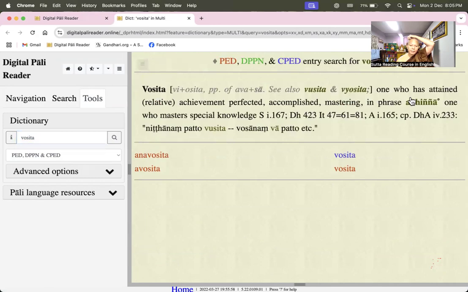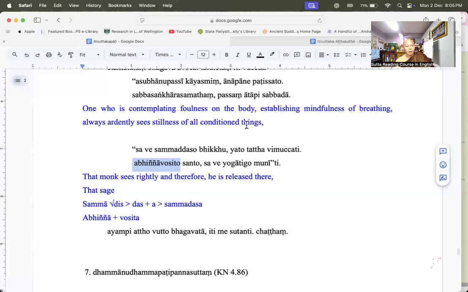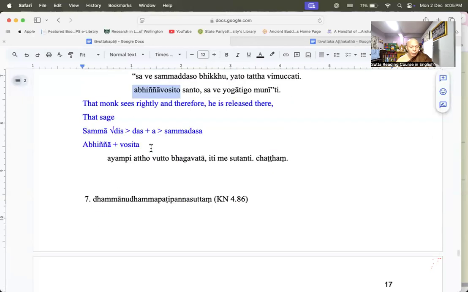One who has attained, abhinna vosito. Abhinna means knowledge.